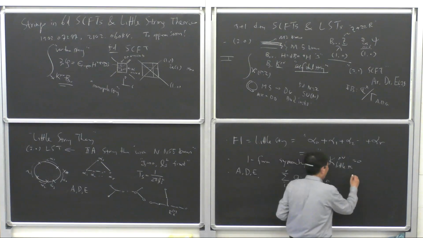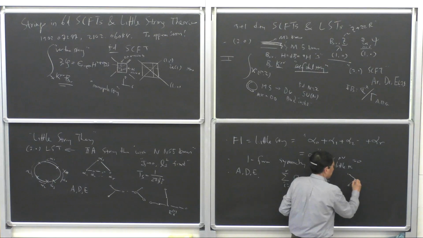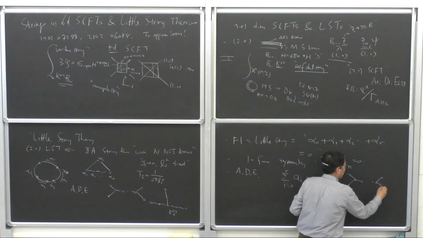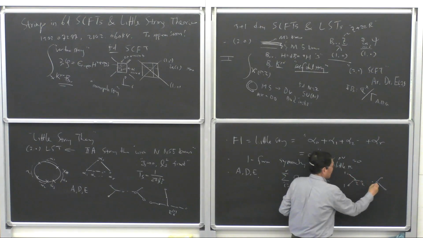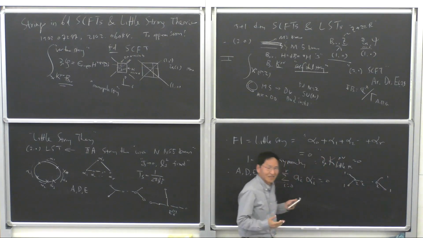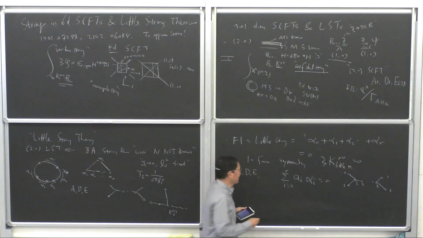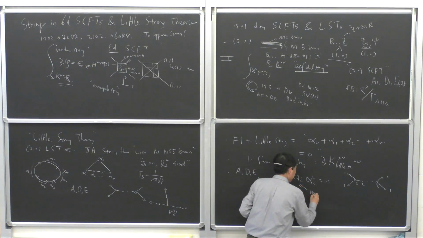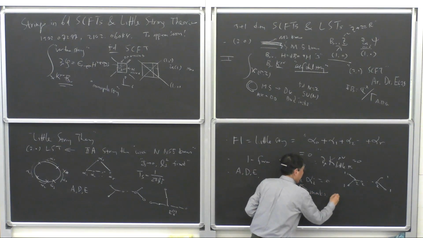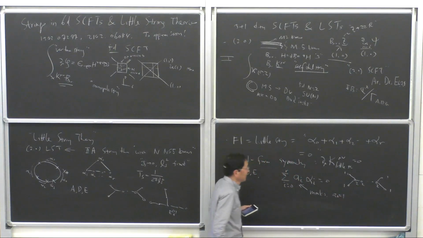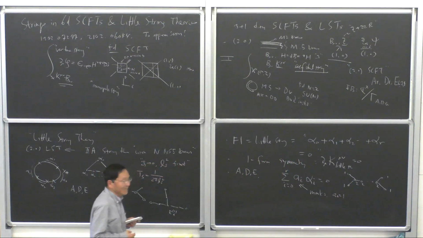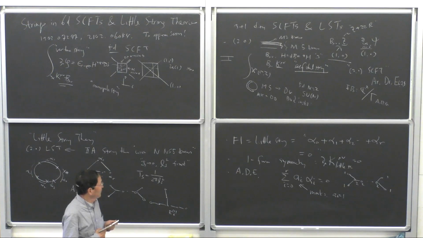D type case, for example, 1, 1, 2, 2, 2, 1, 1, we have to add with a non-trivial coefficient, and this a_i is called the marks. a_0 equal to 1, and that fixes the non-negative integer a_i completely.